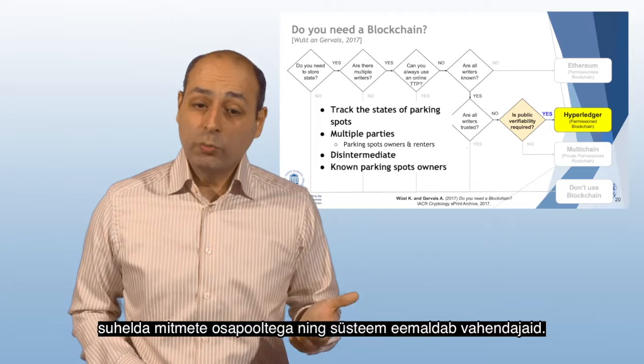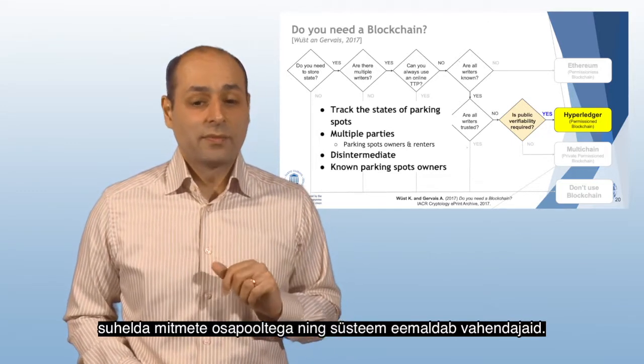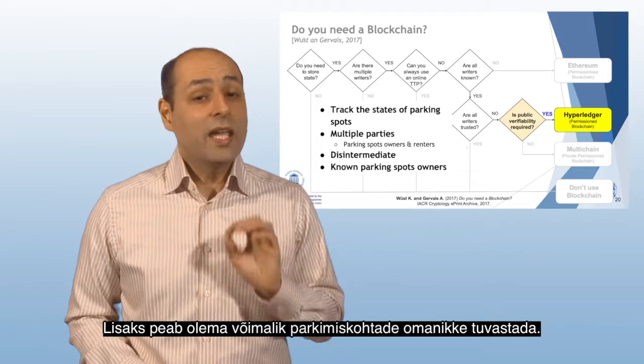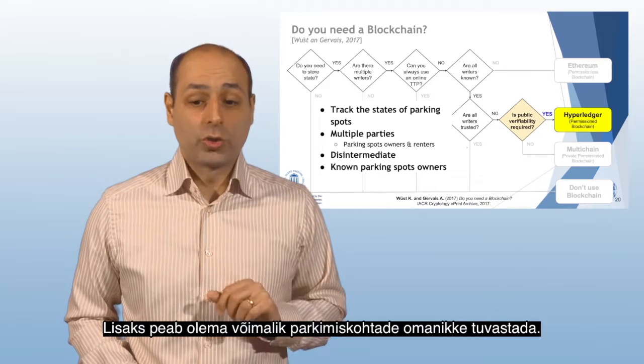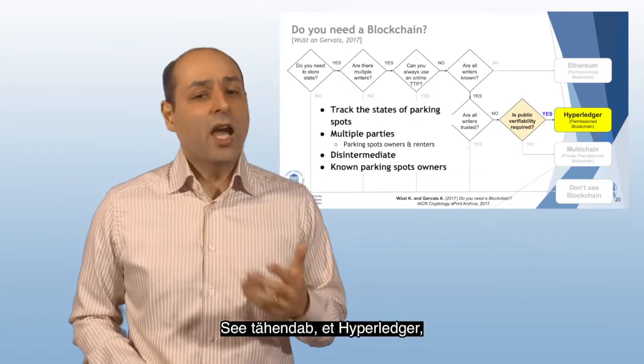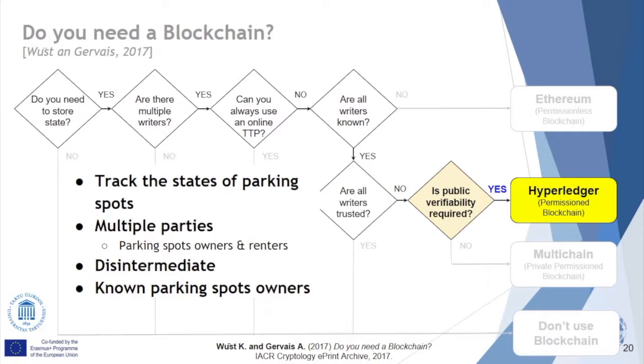We deal with multiple parties, and our system is disintermediated. In addition, we are able to identify all the parking spot owners. This means that the Hyperledger, which is permissioned blockchain, should be selected for the system implementation.